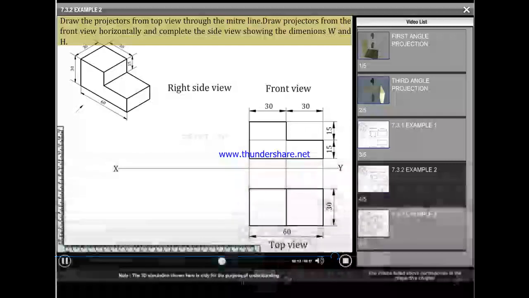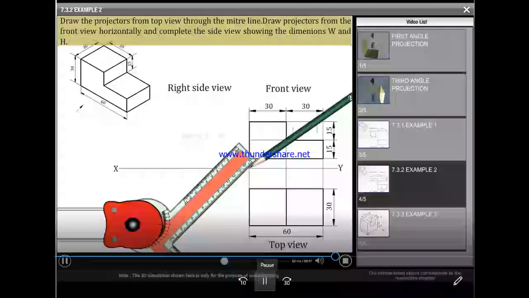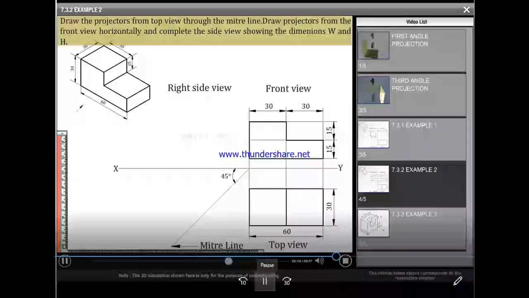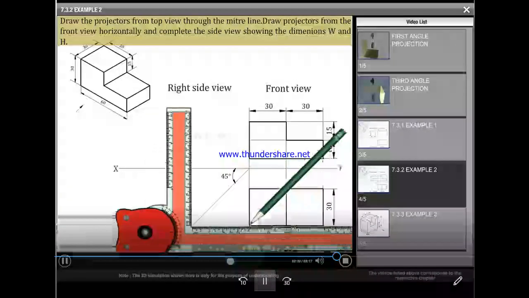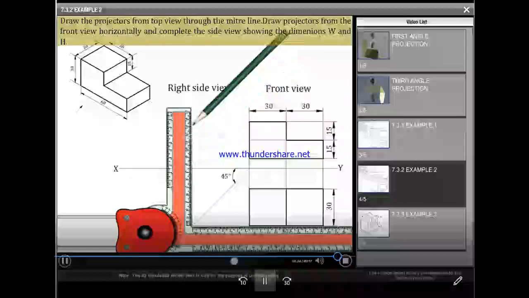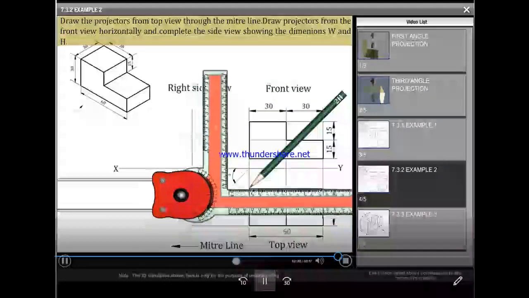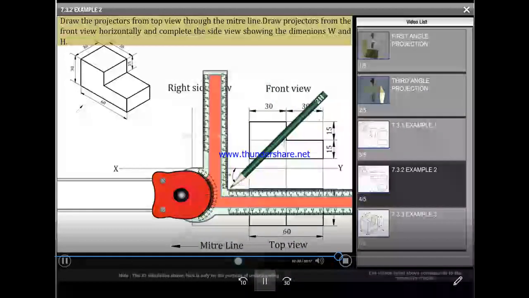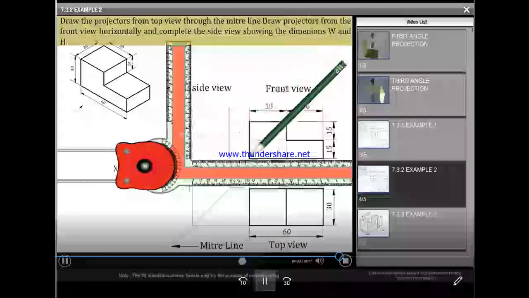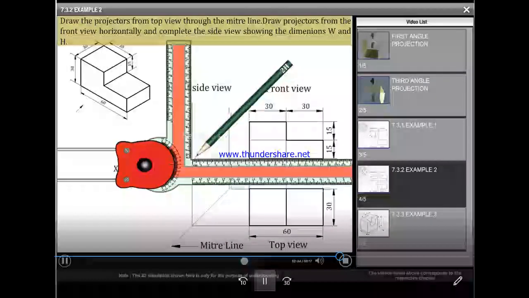The right side view comes to the left of the front view. Now draw the miter line. Draw the projectors from the top view through the miter line. And draw the projectors from the front view horizontally.